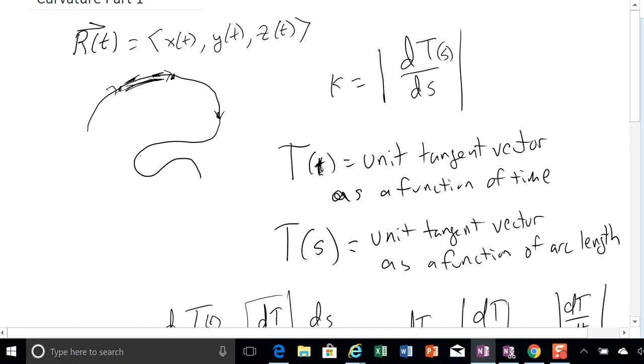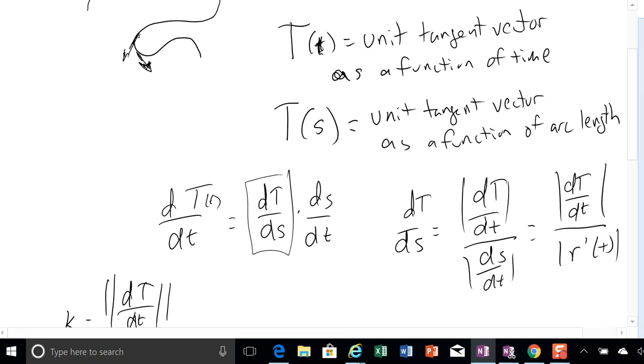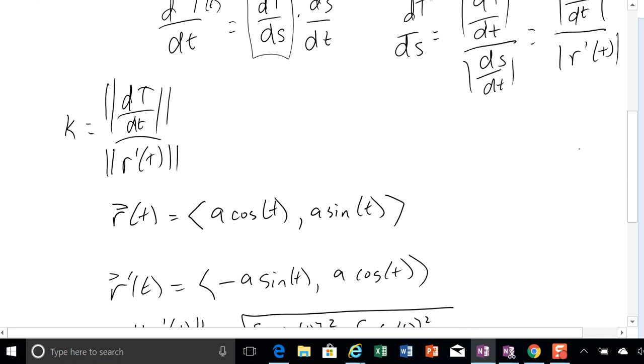But if you go to some place where there's a really sharp corner, you're going to have a really large curvature because your unit tangent vector is changing a lot in there. You're making a lot of change in the direction that you're going. So you're going to have a large curvature in the sharp corner part of it, and a small curvature where it's relatively flat, where it's a relatively gentle curve.